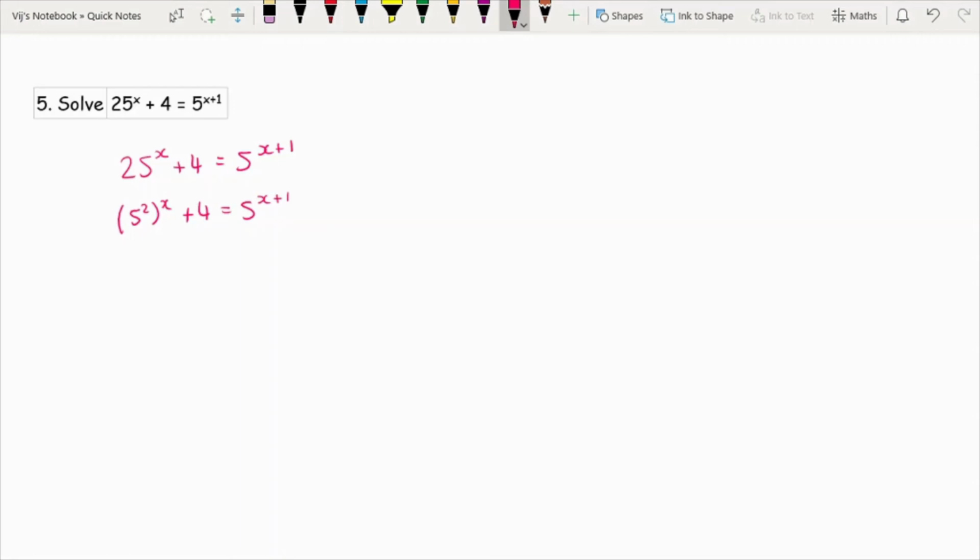So what I'm going to do now is swap the power on this left-hand side around. So I've got 5^(x) squared plus 4 equals 5^(x+1). Now the next thing is to work with this. We've done this in a previous question, but 5^(x+1) can be written as 5^x times 5 to the power of 1.